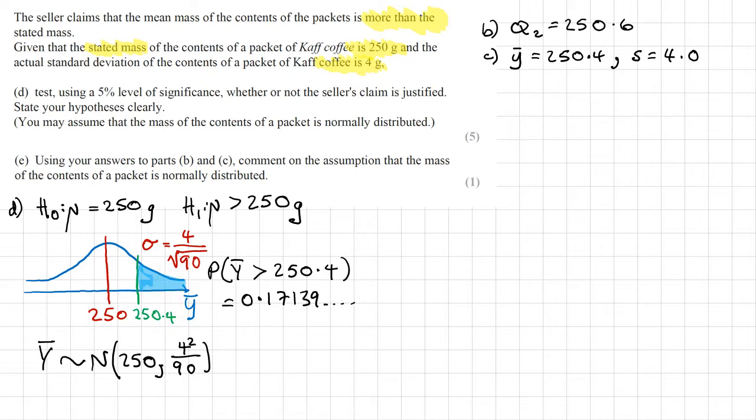Now that means that an area of 5% would be here. This area is 5%. That means that the 250.4 is not in the critical region. So I'll write that down. So 250.4 not in critical region.